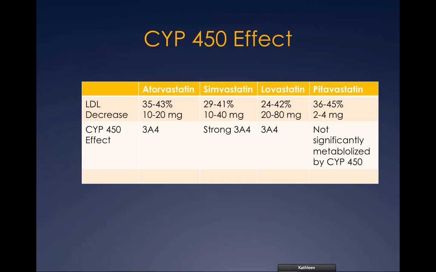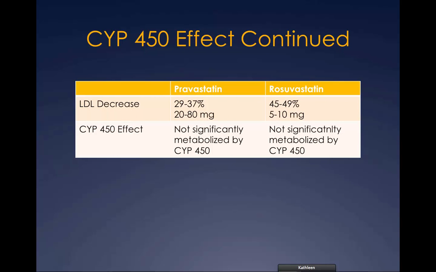And the milligrams are 2 to 4 milligrams daily. These are not significantly metabolized by cytochrome P450, and they almost reduce the LDL by 49%, where Pravastatin is 29 to 37%.